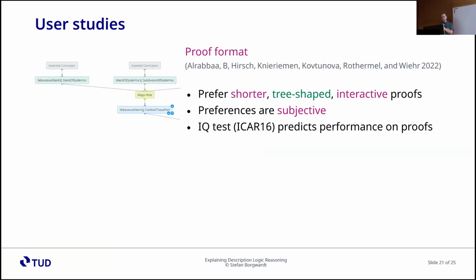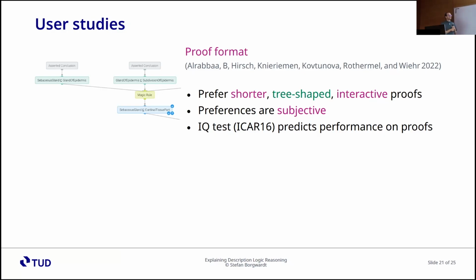As I said, we did some user studies to try to find out what is the best way to present the proofs to the users, for example, like in Evee or maybe in a more traditional format. We tried different formats of proofs, and I will show some of them in a second. But the general gist is that we cannot really draw very big conclusions.